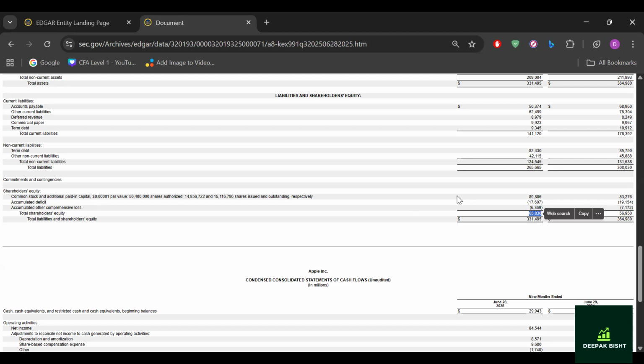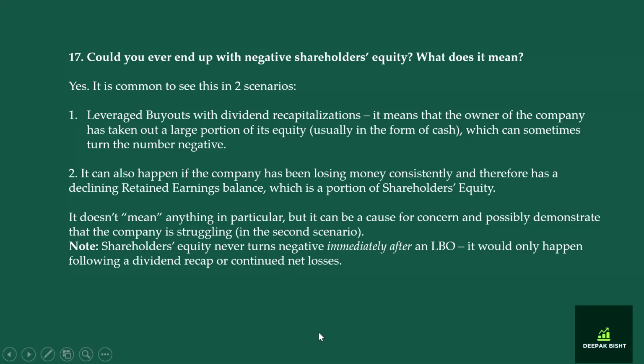If the company is continuously making losses, it will be a negative shareholders' equity, or dividend recapitalization using a leveraged buyout. So these are the two cases. We will discuss dividend recapitalization after some time in the LBO section. Okay, so I think we are clear about this.